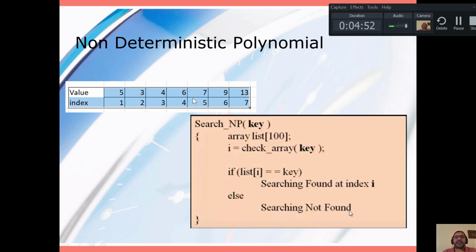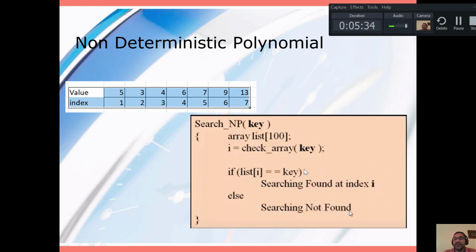For example, if I want to find number 6, he said if I can find an algorithm which has a function called check array, that I give it number 6 and immediately, with no traversing, check array is going to give me the index, number 4. Then if the key is equal to the list at index 4, then I found the element and the index is i.